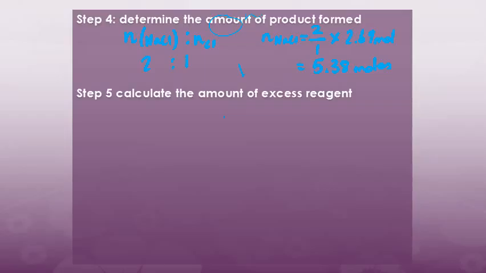I think the question asked us for mass, so let me just double check. Yeah, it's asking us for mass, so now we'll go the mass of sodium chloride produced, sorry about the squishy working out here, obviously this should flow down the page, equals number of moles multiplied by molar mass, which equals 5.38 moles times 58.5 grams per mole.